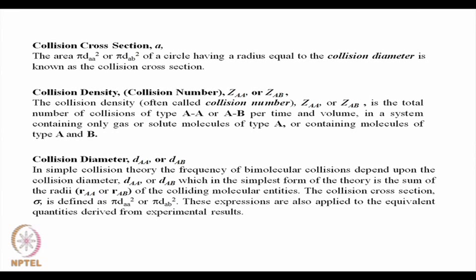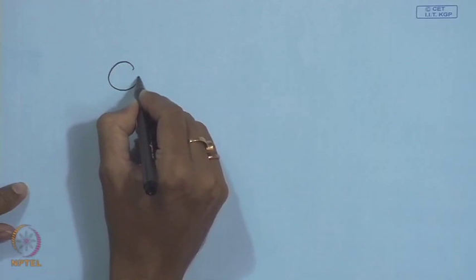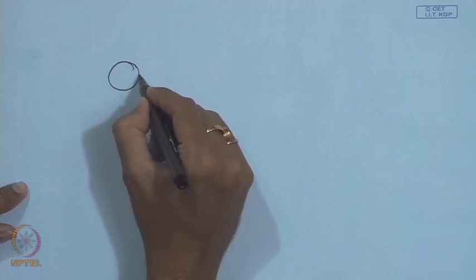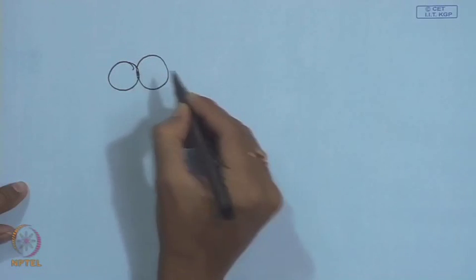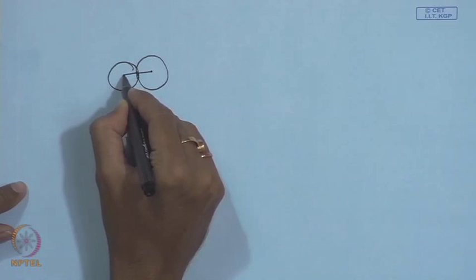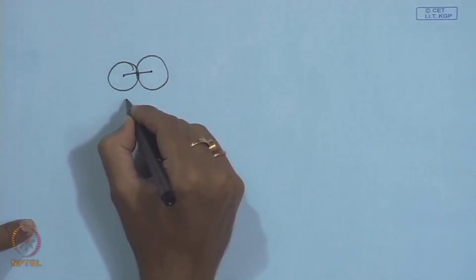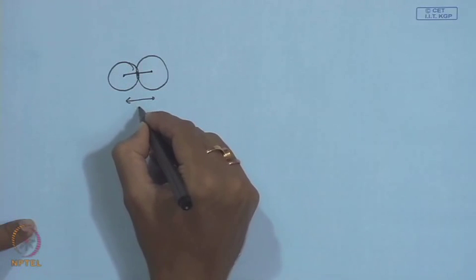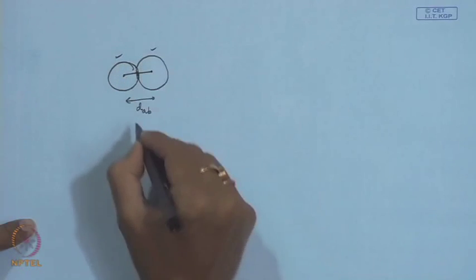Say this is A and this is B, it is a little bigger. This is d_A, this is d_AB, or if both are the same, then it will be d_AA.